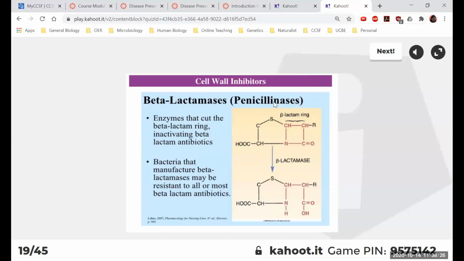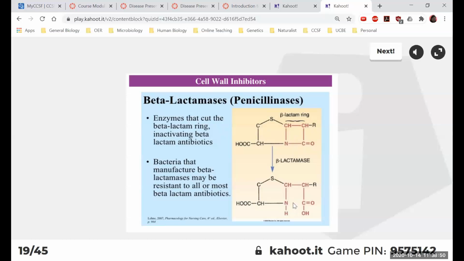So this is just a slide showing you guys penicillinase, which is also called beta-lactamase. So this is an enzyme that some bacteria can produce. So basically, the enzyme can cut open the beta-lactam ring of penicillin and actually any drug, ampicillin or amoxicillin, any drug that depends on the integrity of the beta-lactam ring.